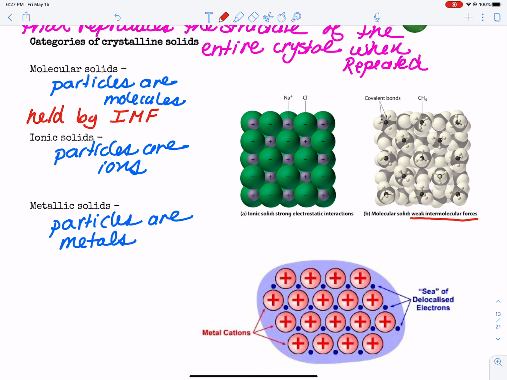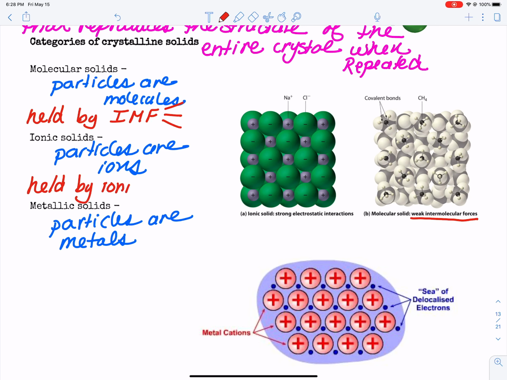And we know there are three types of intermolecular forces. Depending upon whether the intermolecular force is fairly strong, like hydrogen bonding, or pretty weak, like London dispersion forces, that could tell us the strength of the particles in the solid. But in ionic solids, what are they held by?